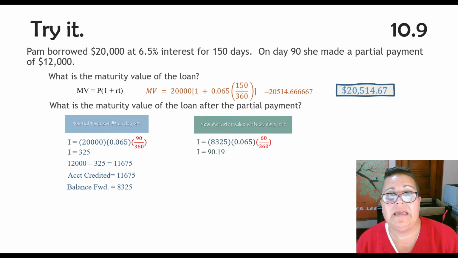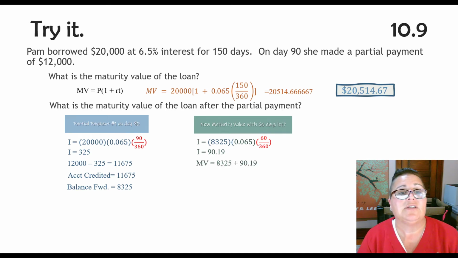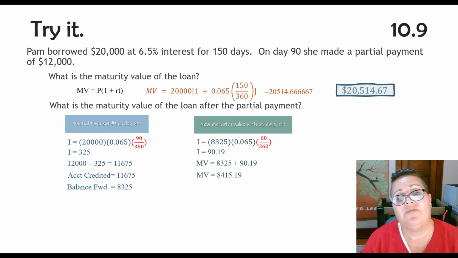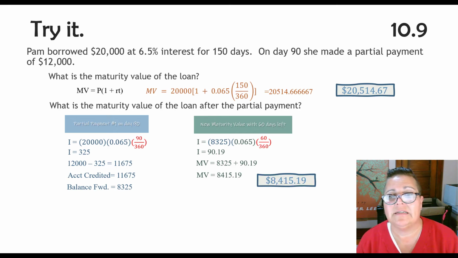Since I'm not making an additional payment, this is my final payment. This is what I will owe at maturity. All of that interest is going to be added into the balance. So that gets me $8,325 plus the $90.19 for $8,415.19.